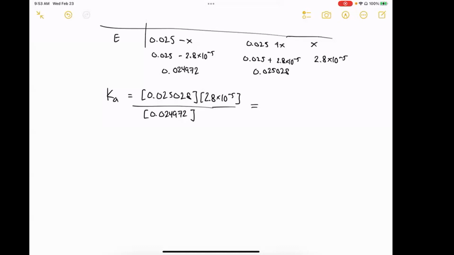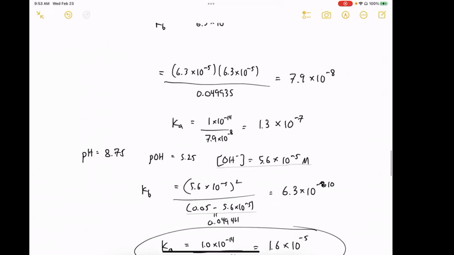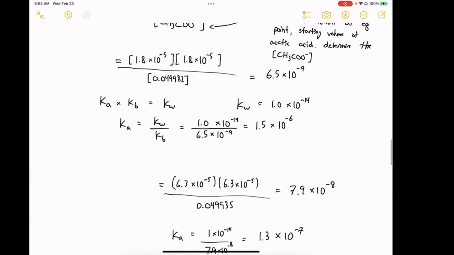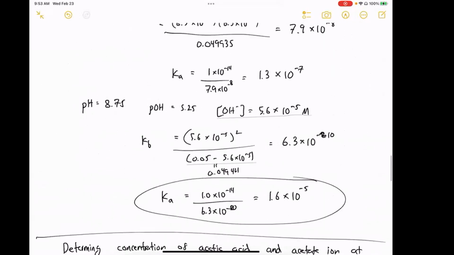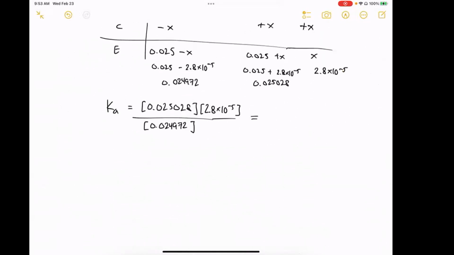Since acetic acid has a larger number than the Kb expression, and the Kb we calculated was pretty small, like 10 to the negative 10 or negative 9, the predominant reaction will definitely be the acetic acid dissociating into the acetate.